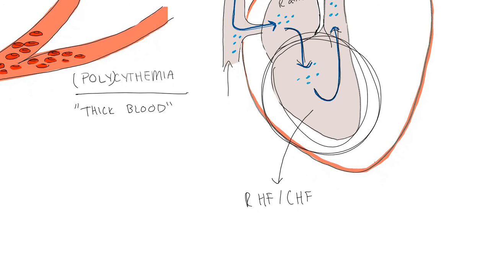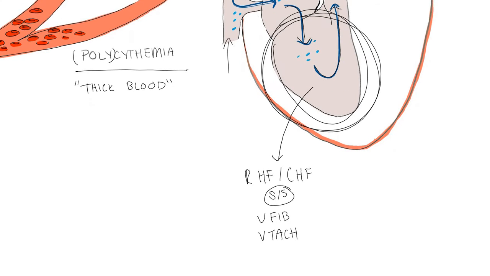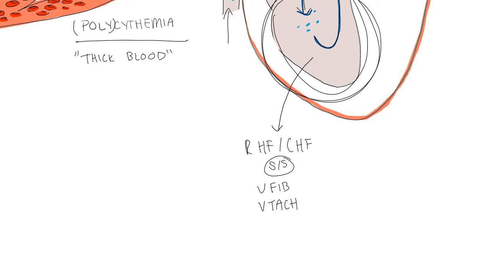So you're going to see a lot of problems with these. This is really dangerous, and you can see patients going in VFib and ventricular tachycardia with it, which are both very dangerous and can eventually cause death.